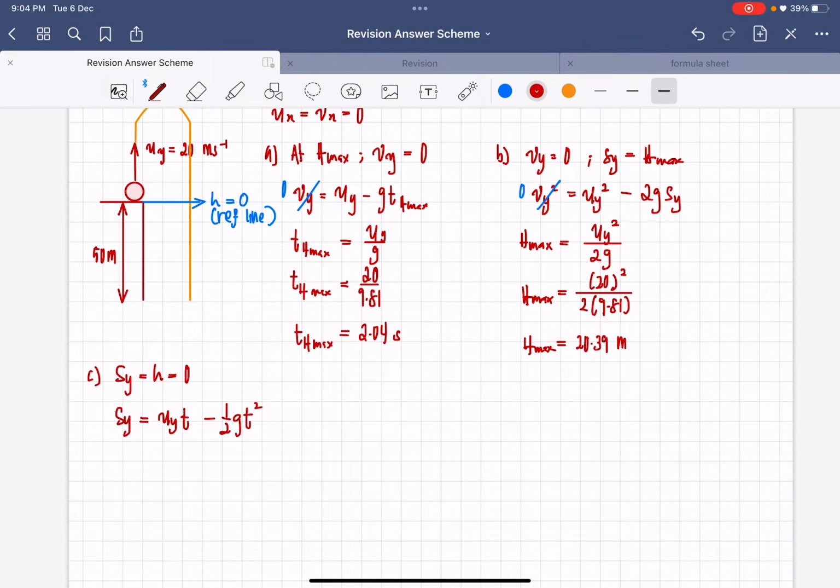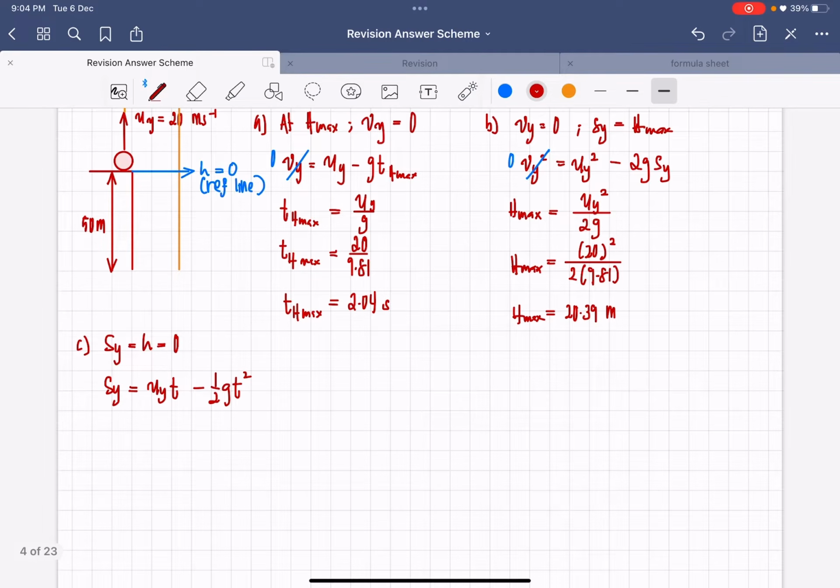You can label the time as anything, but I'm just going to label it as t. This one is going to be equal to 0, and then you will get a quadratic equation here. So I'm going to move things so that our t squared is going to be positive.